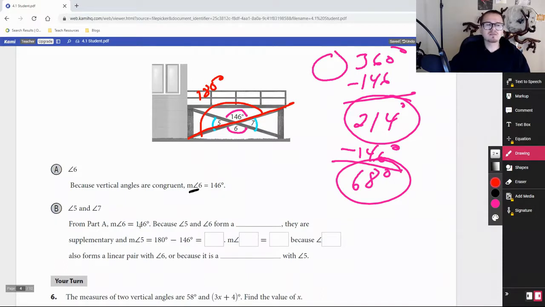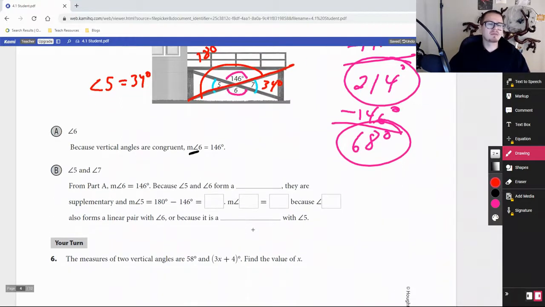What plus 146 makes 180? Well, that's 34 degrees. So angle 5 is 34 degrees. And because 5 and 7 are vertical angles, that's also 34 degrees. And we're done.